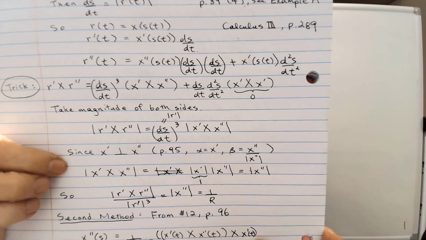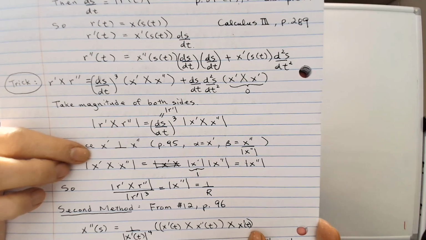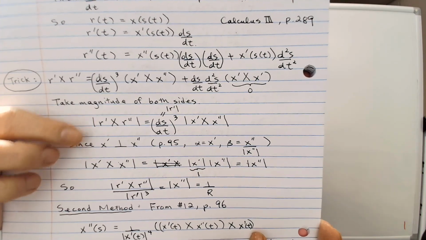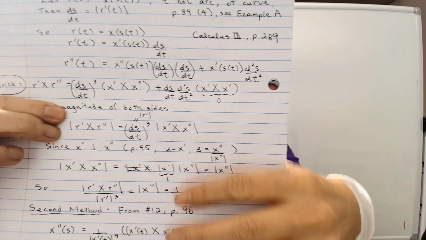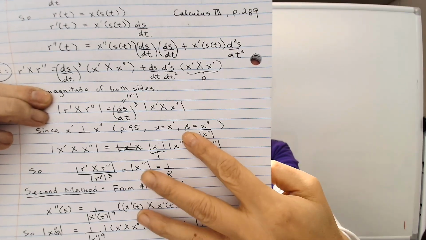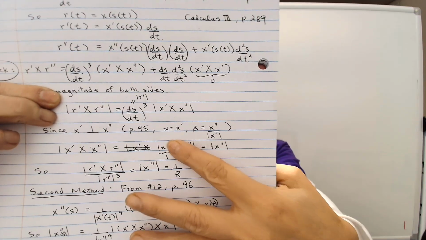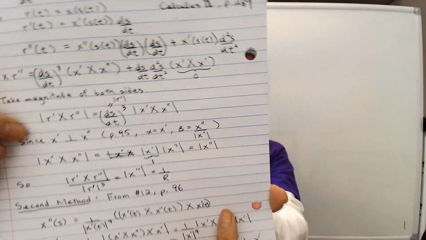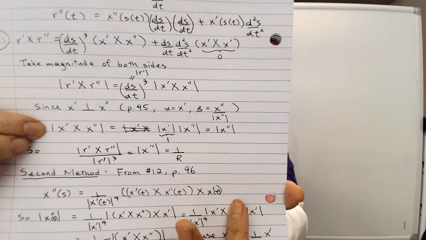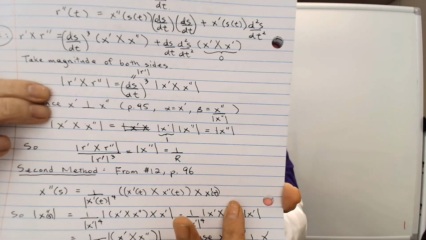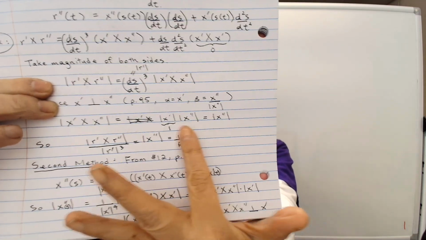Now, x prime cross x double prime is perpendicular, being that x prime is related to alpha, whereas x double prime is related to beta, and those 2 vectors are perpendicular, so is this. As a result, the magnitude of the cross product is just equal to those 2 magnitudes multiplied together.